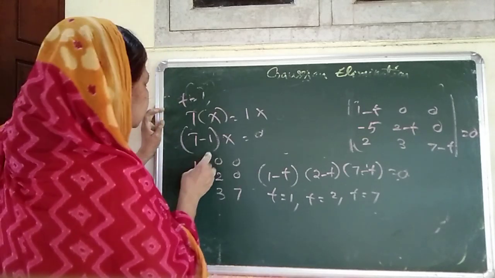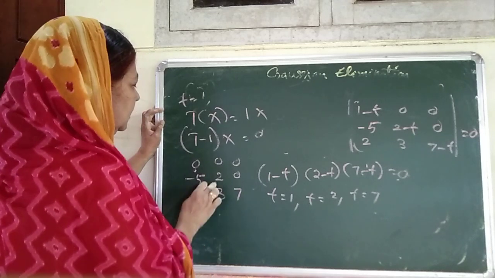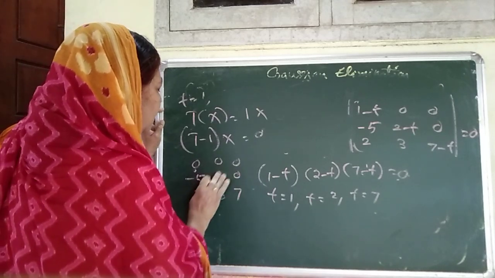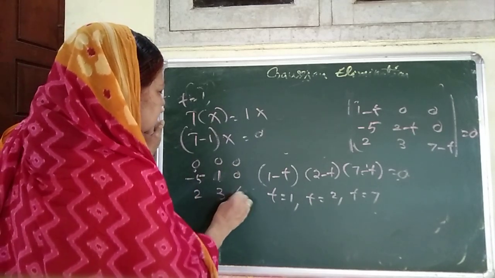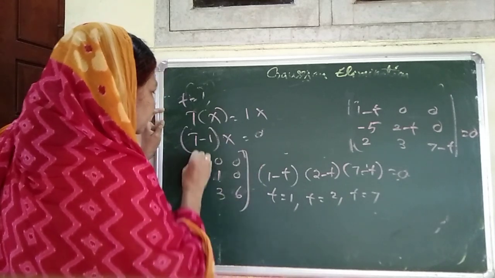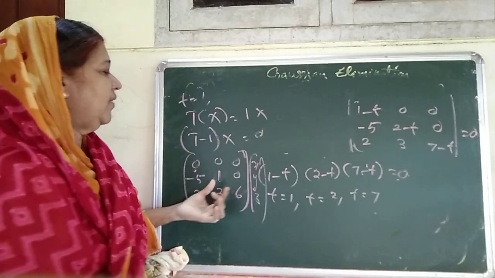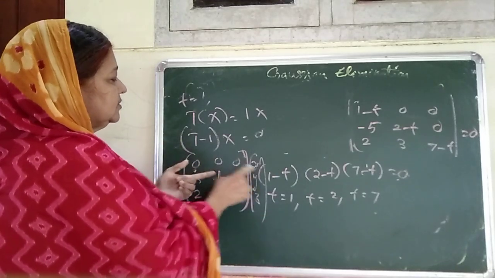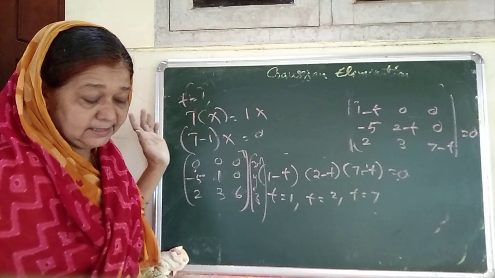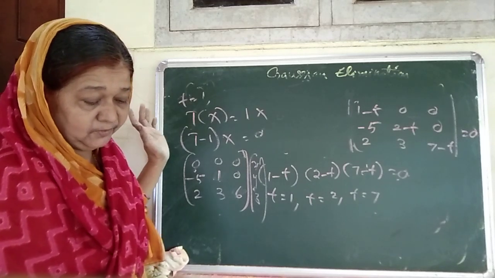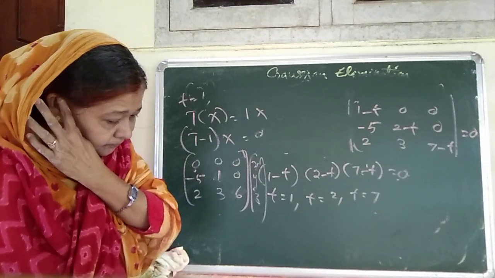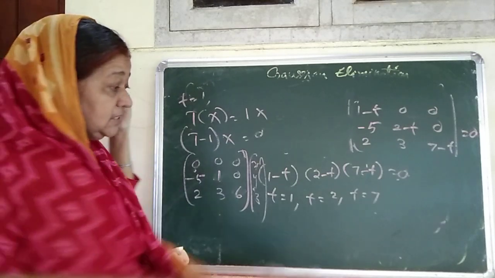So 1 minus t is 0, then 2 minus t is 2 minus 1, which is 1, and 6. So it has only one solution, x equal to 0, y equal to 0 and z equal to 0, as the vector for t equal to 1.